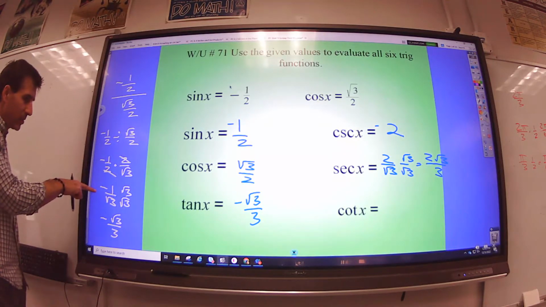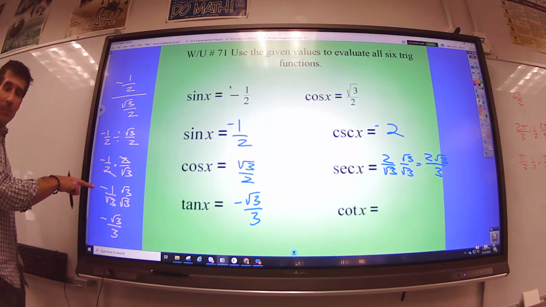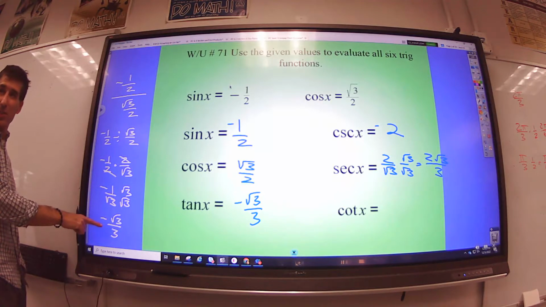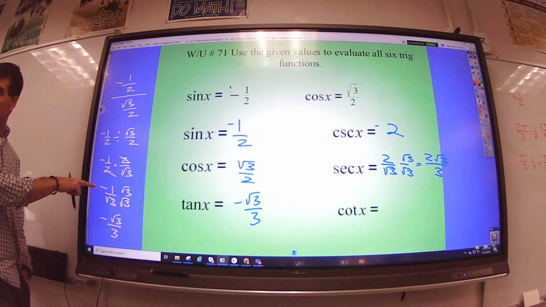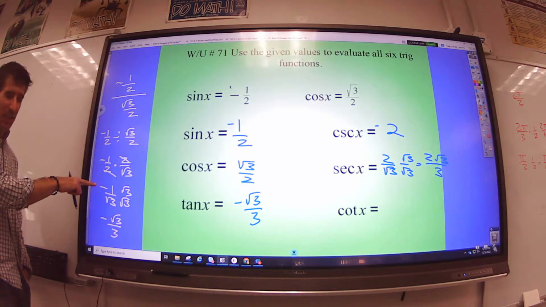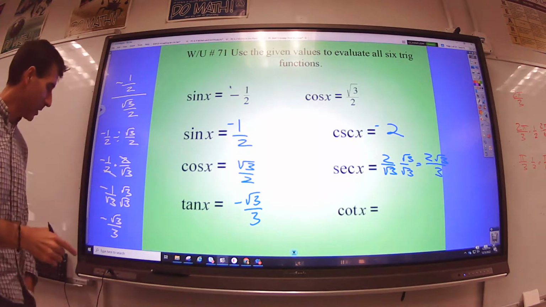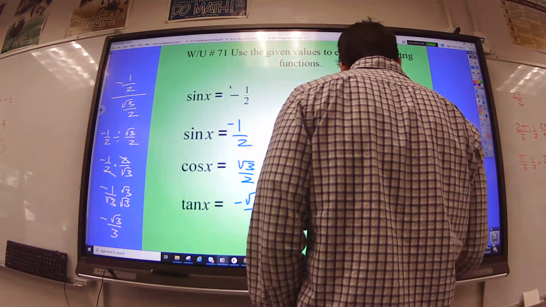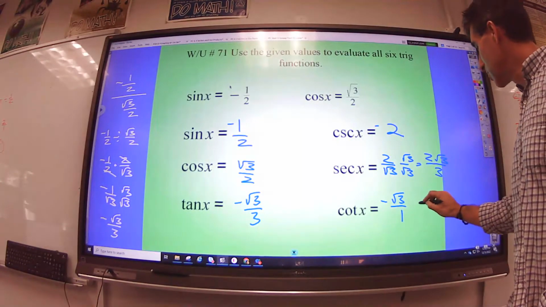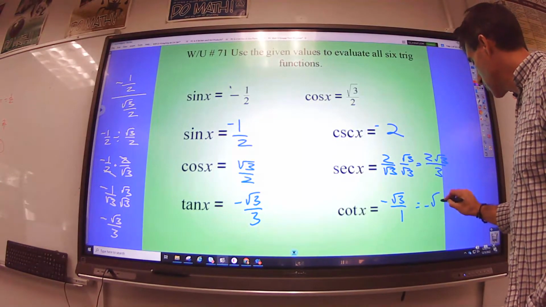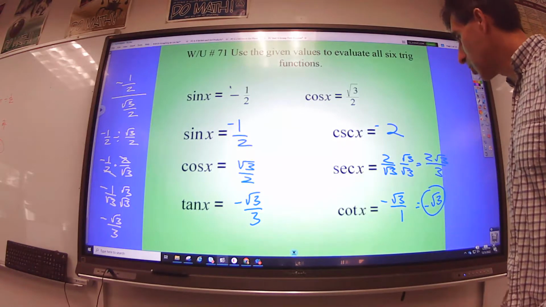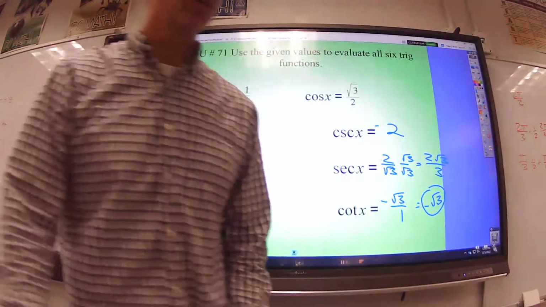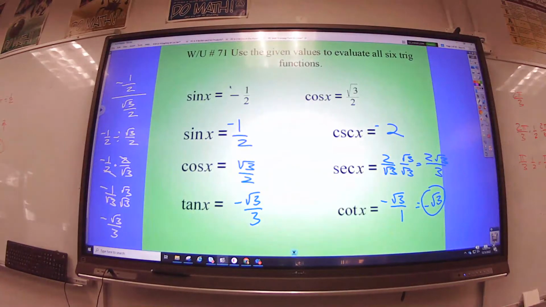However, look at this. Instead of doing the reciprocal of this, can I just do the reciprocal of that since I changed it? Then I'll have the numerator as -√3/1. That kind of fixes that. So -√3 is cotangent. And that's all you got to do for that.